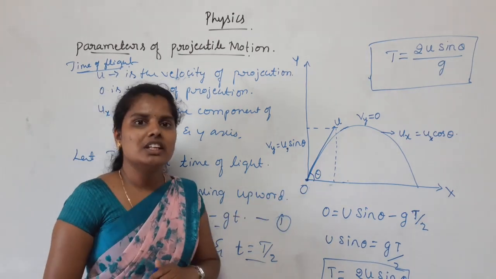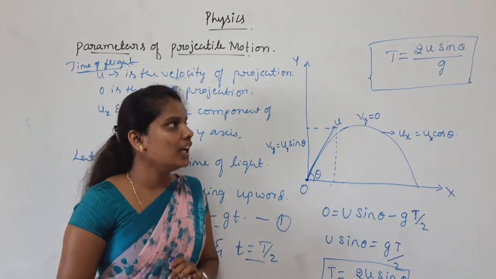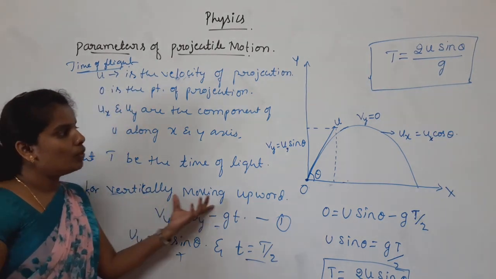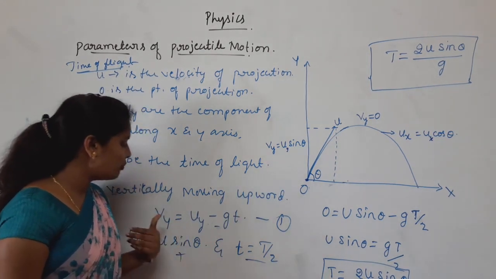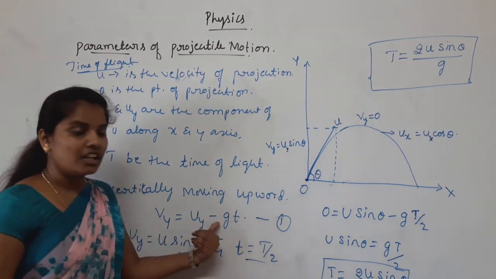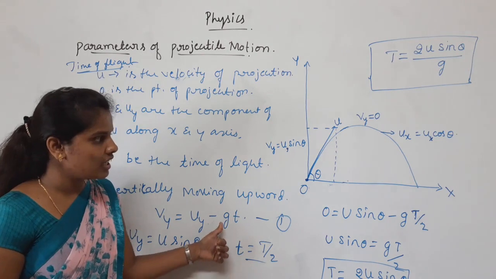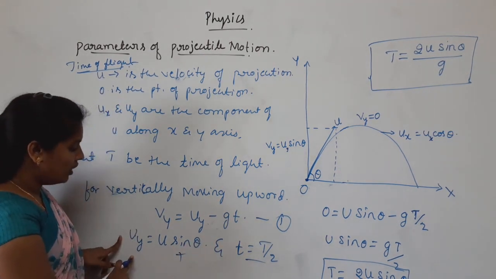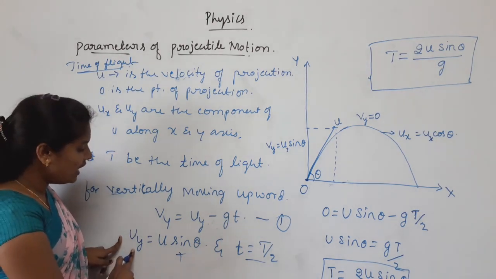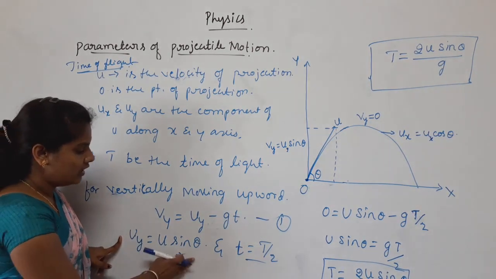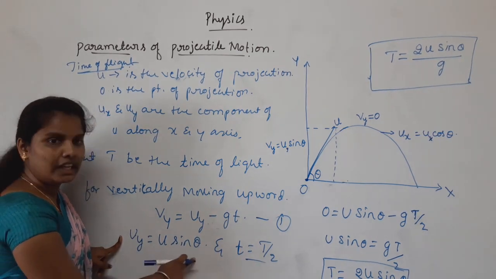Time of flight is the time taken by the projectile to reach the same level. Here the projectile moves upward, so the equation becomes Vy equals Uy minus gt. Here g means acceleration due to gravity, acting against the upward direction. Uy is the component of U along the y-axis, which can be written as U sin theta.